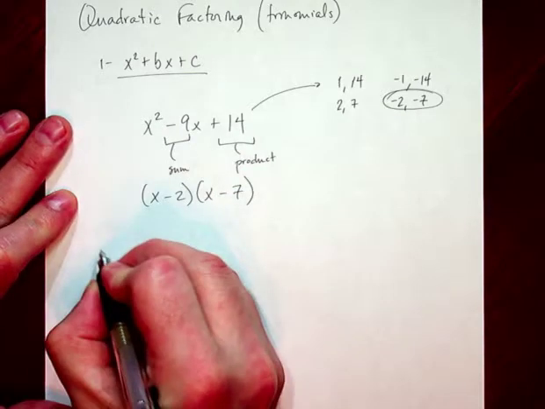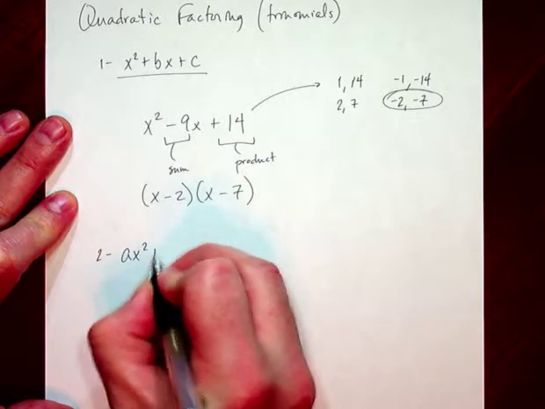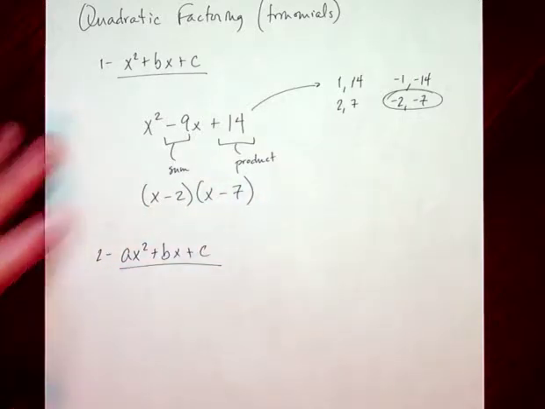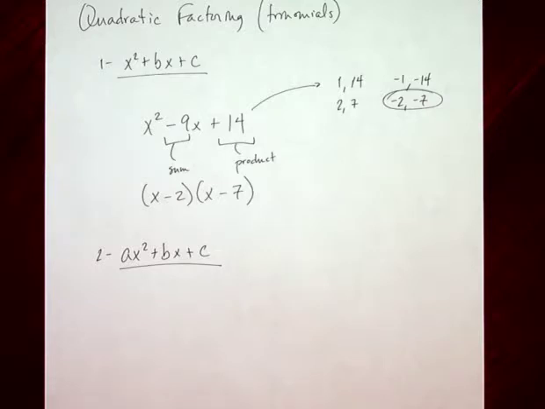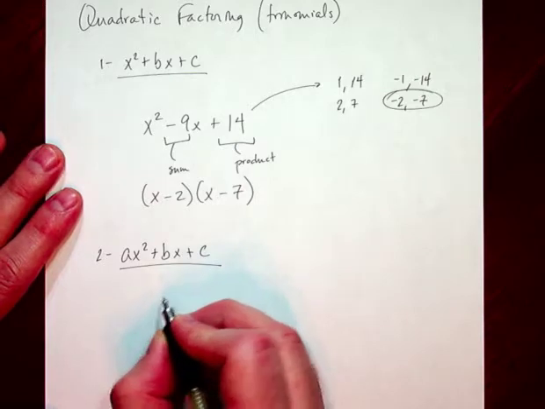Now you get into a little bit of a conundrum when you have a leading coefficient that is not 1. And I showed you the AC method basically as a warning of, do not use it. And if you're given something like this, there are easy ones.